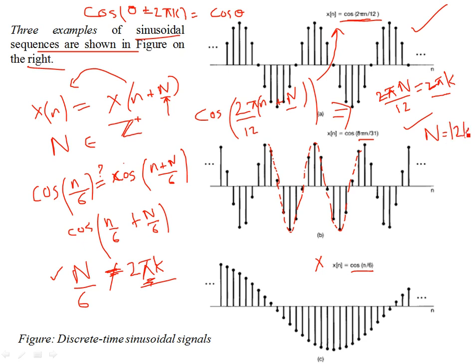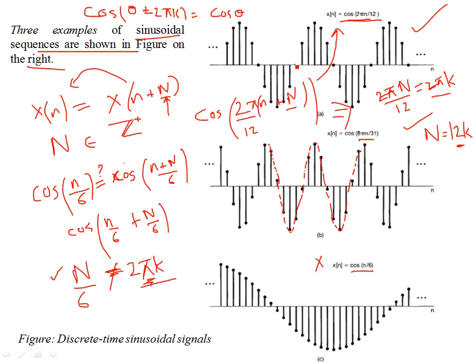It's also periodic for 24 or 48, let's say, but the minimum period, the number of samples after which this repeats, is 12. And you can go on counting these samples. Okay, 1, 2, 3, 4, 5, 6, 7, 8, 9, 10, 11, and 12.